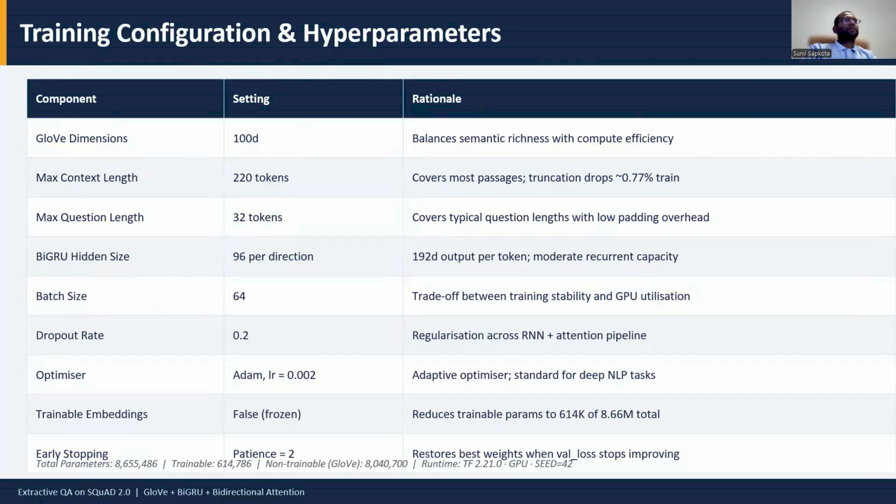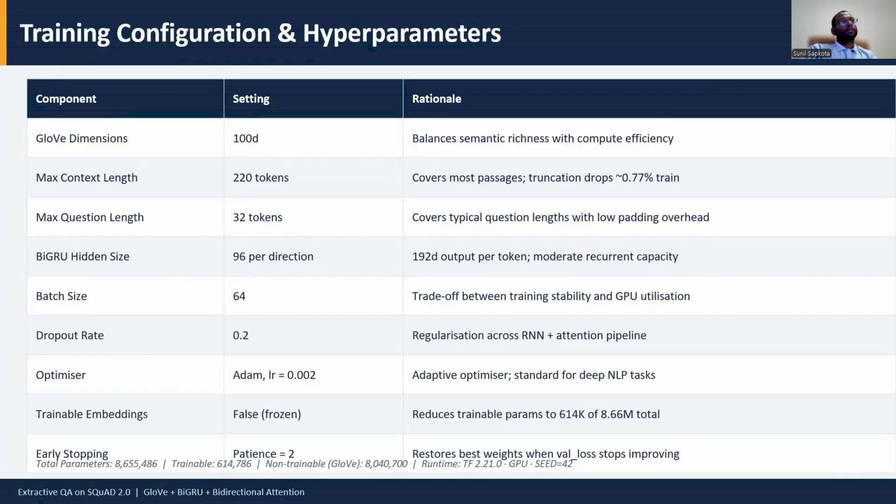So let's see the training configuration and hyperparameters. GloVe dimension is 100D. I already mentioned that we can use 100 or 300 dimensions in our project, and I used 100. Max context length is 220 tokens, which covers almost everything, not all. You can also increase this number to cover more tokens.